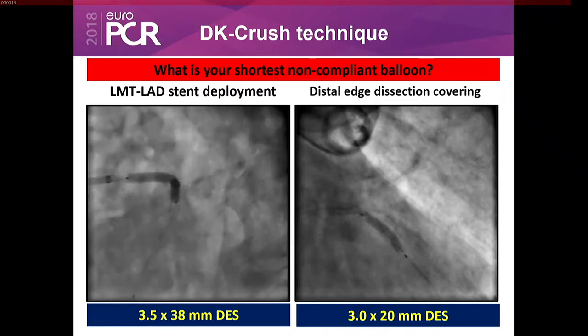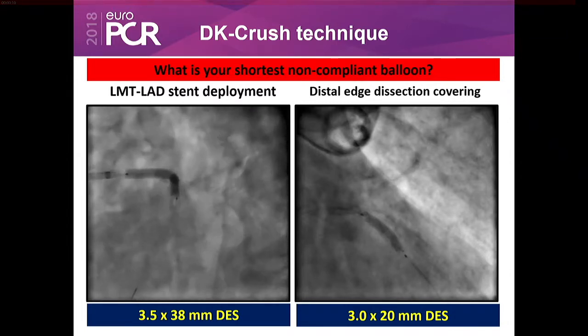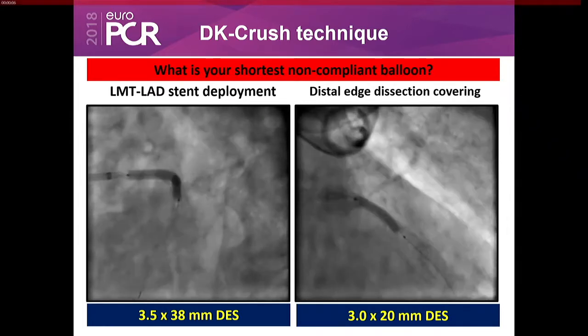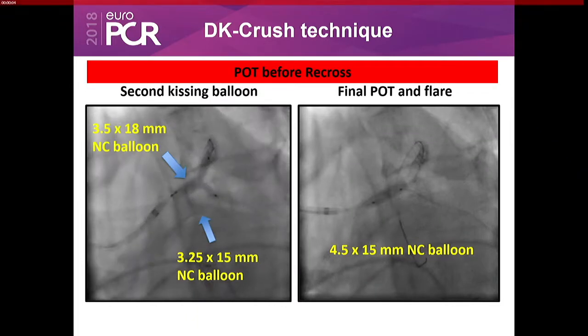Just to make it simpler, would you prefer some sort of a TAP in a very complex left main as opposed to double kissing with lots of metal inside? Personally and in our center, in this particular case, we usually prefer to go for a DK crush technique.